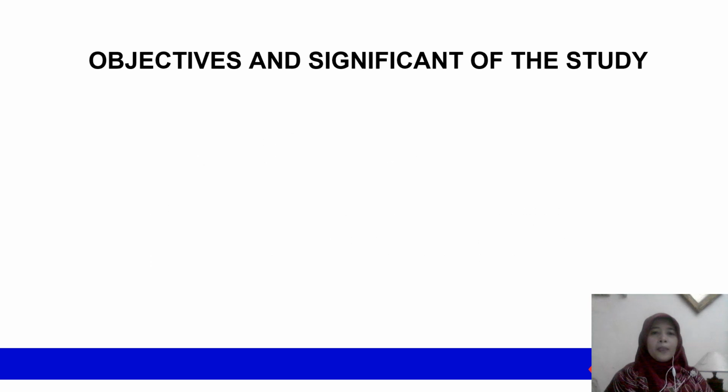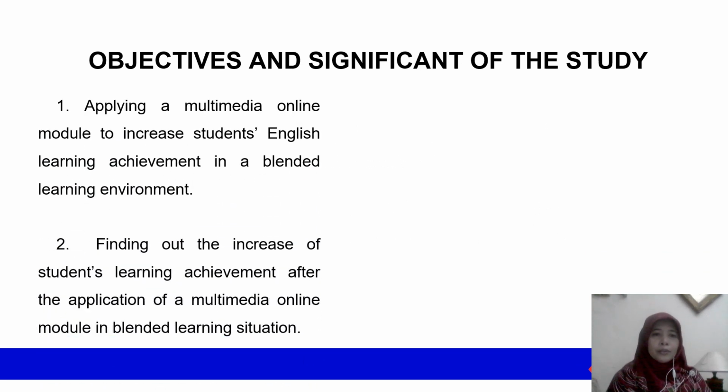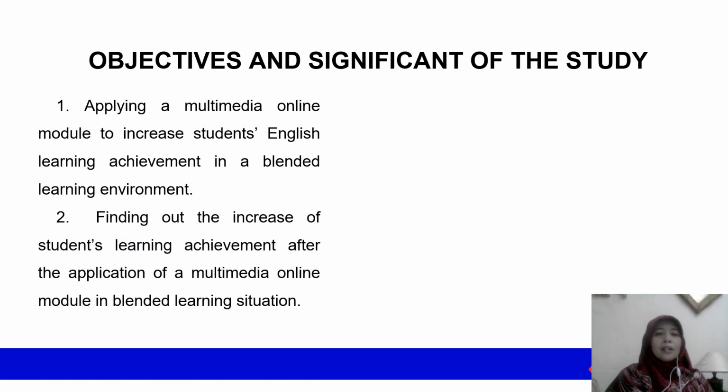Now the objective of the study is applying a multimedia online module to increase students' English learning achievement in a blended learning environment. As for the second, the objective is finding out the increase of students' learning achievement after the application of a multimedia online module in a blended learning situation.